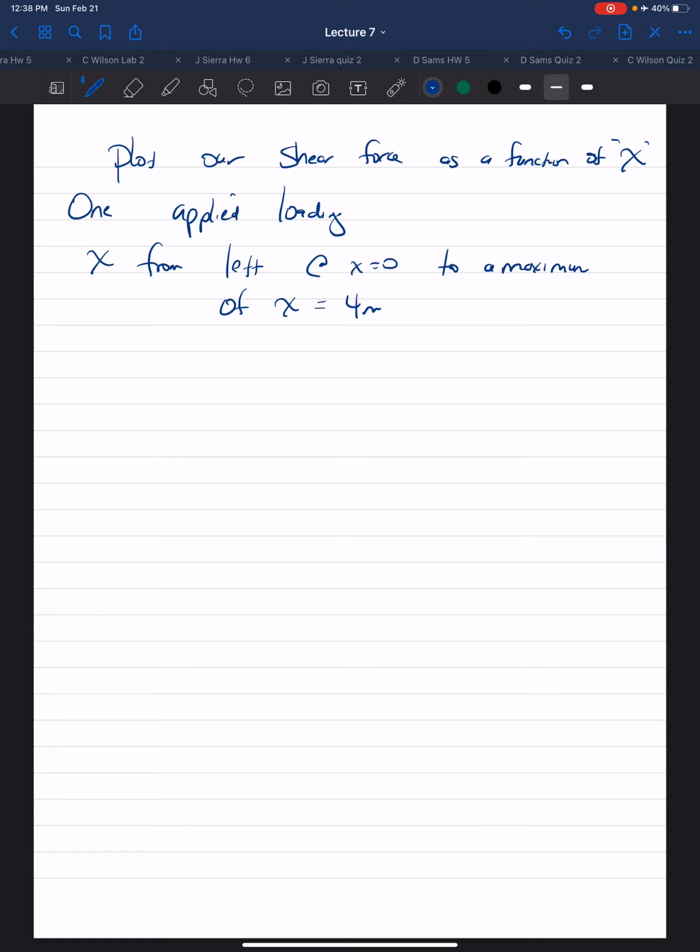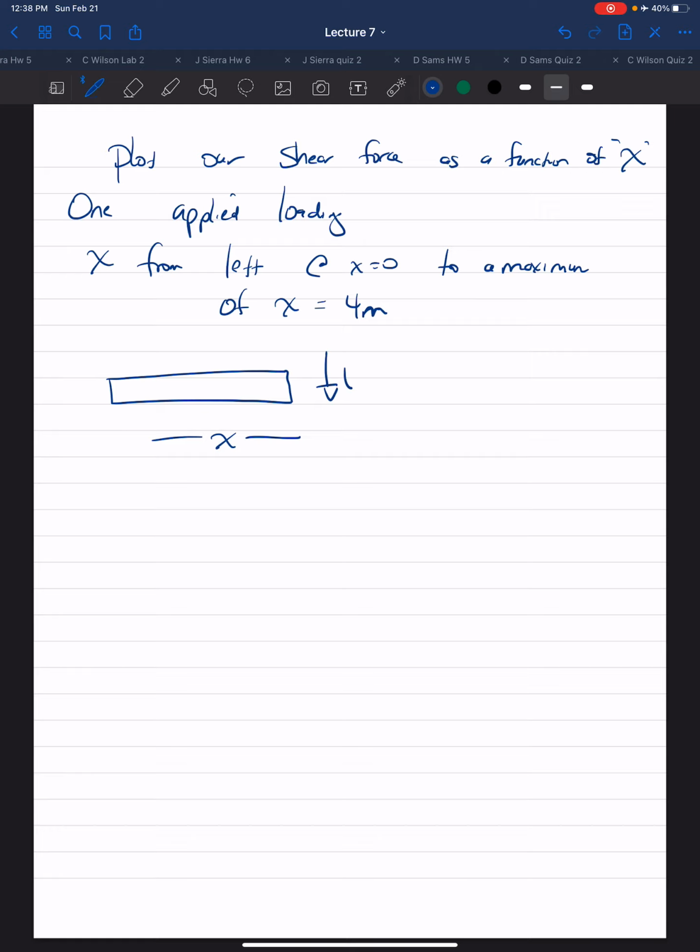And we want to know the internal shear force as a function of this x from x equals 0 to x equals 4 meters. So now we'll put everything as a function of x. So this distance now becomes x.